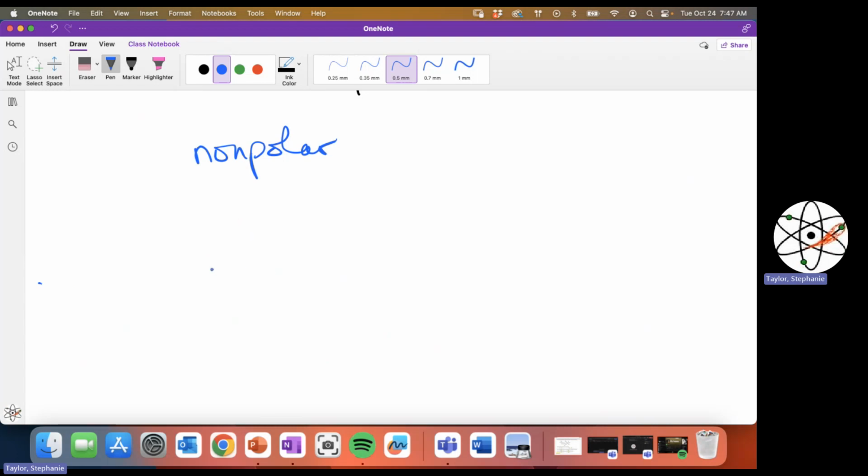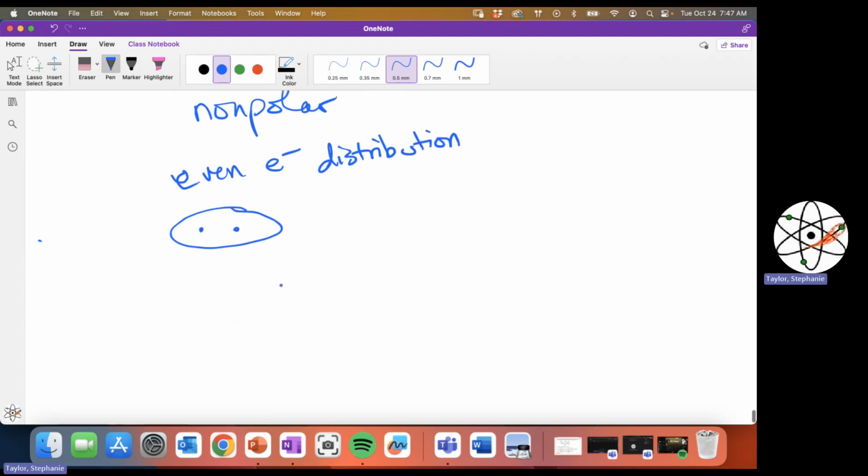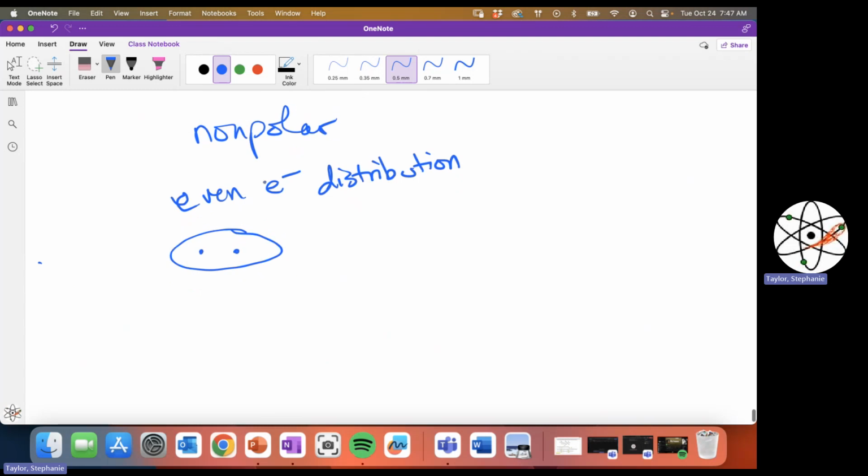So a nonpolar molecule. We usually think about these as having, pretend, a nice and even electron distribution, where everything is all laid out in the same way. There's even electron density everywhere. But the thing is electrons aren't static things.